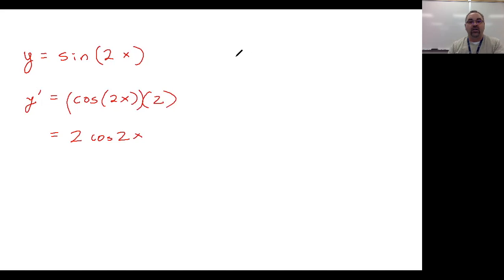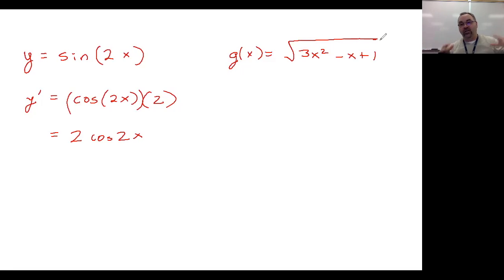If you have a different function, let's say g of x is the square root of 3x squared minus x plus 1. Okay, so my outside function is that square root function. My inside function is the 3x squared, the polynomial. Now remember, we don't have a rule for square roots, right?